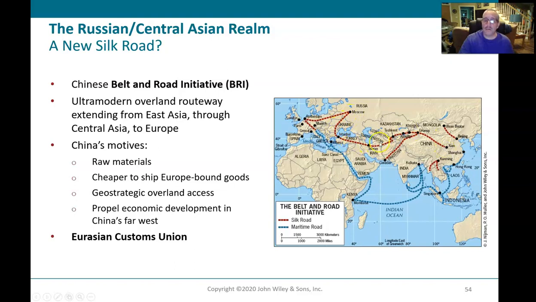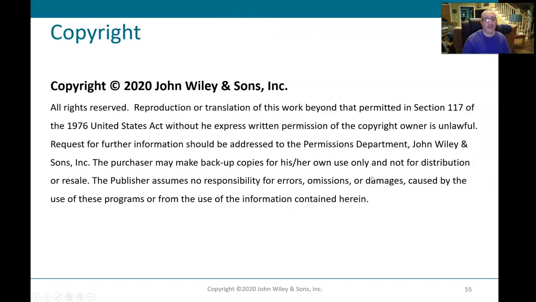They might say it's for commerce or out of the goodness of their hearts, but they want to access these resources and open up their trade routes a lot better so that they can make more money and have more resources to deal with. So you see that's by land. They're looking at sea routes. We're going to learn later about some of these sea routes over here that are highly contested.